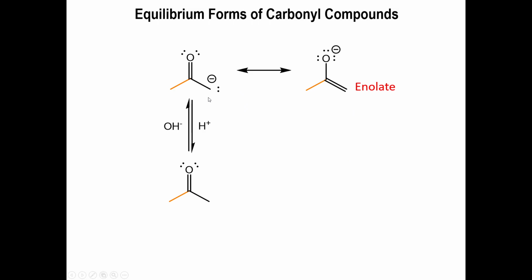Now, technically speaking, the deprotonation and protonation events of the enolate are in equilibrium with each other. If you're looking at the carbanion, protonation of the carbanion will give you the ketone back. Deprotonation of that carbonyl will give you back the enolate, or at least the carbanion version of it.